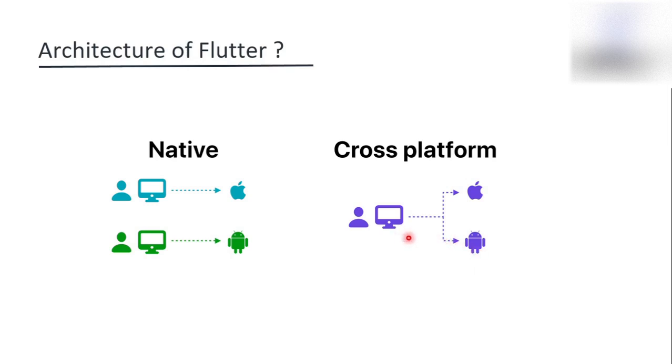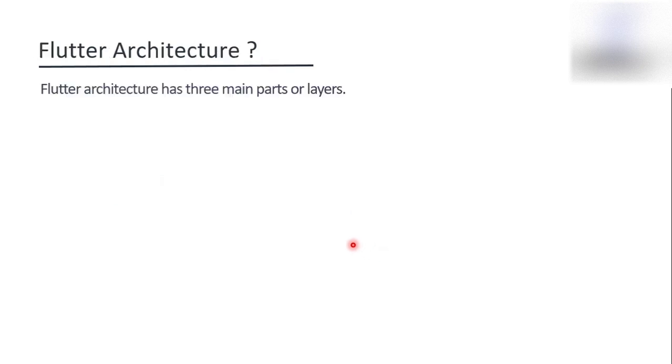We can implement the code in a single code base in Dart, and this Dart code is converted to native iOS and Android. So how does it convert the Dart code into the native code? Let's understand with the figure.